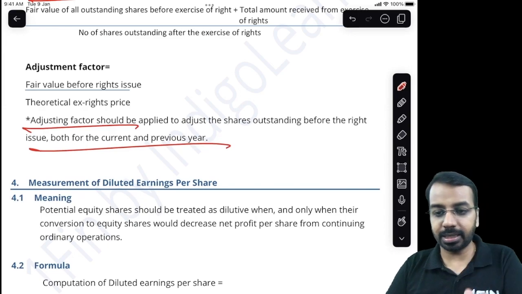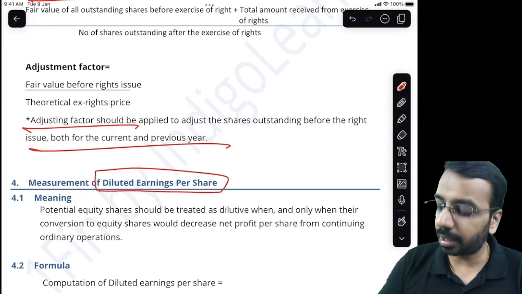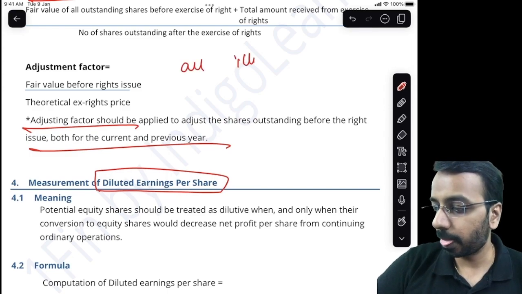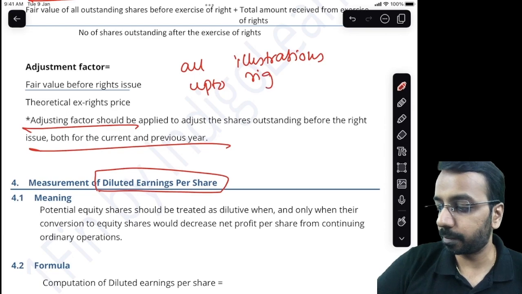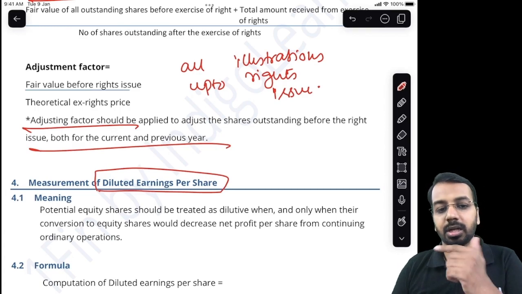Now in next session, we'll see how do we calculate the diluted earnings per share. Now what you have to do is complete all illustrations up to rights issue. Okay. Tomorrow we'll take up diluted earnings per share and few more illustrations for our practice.